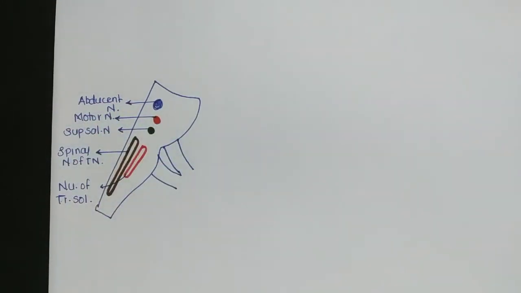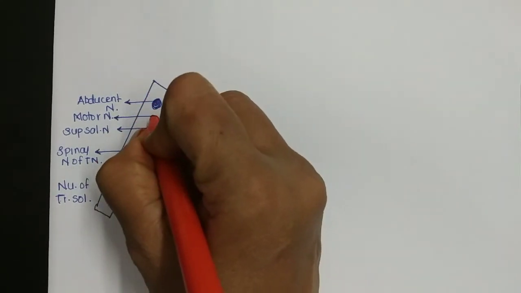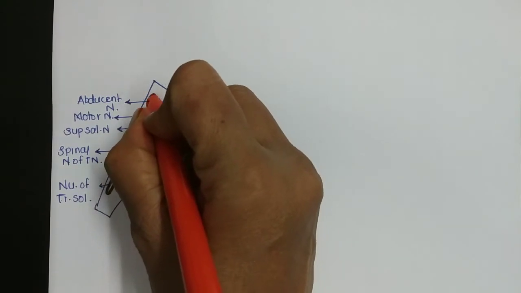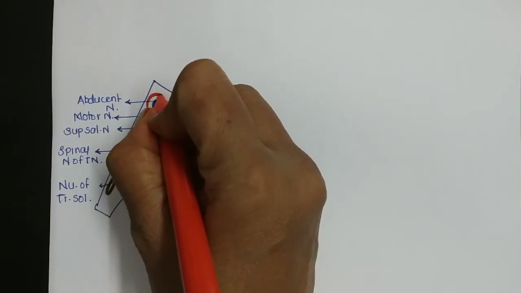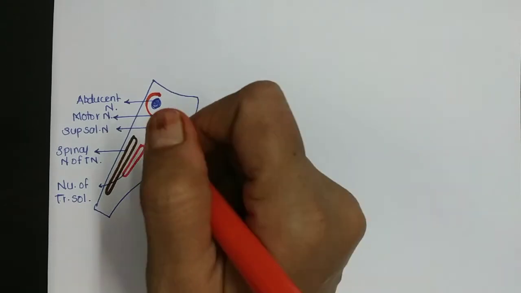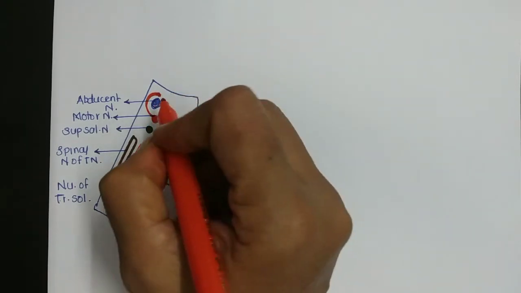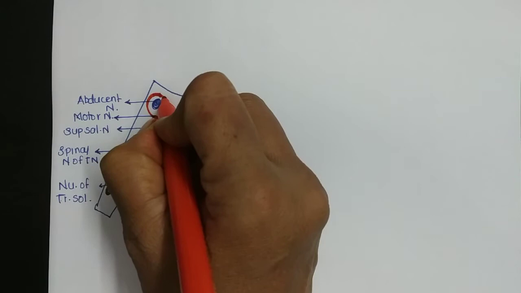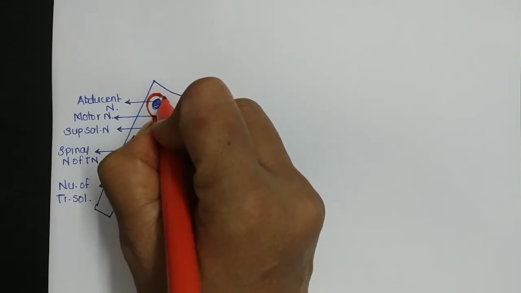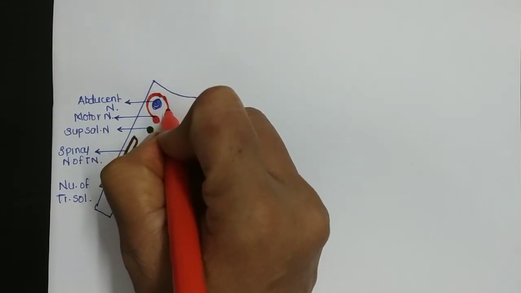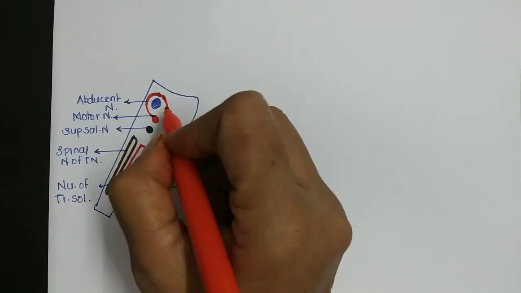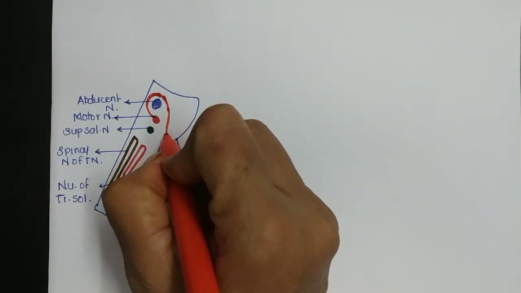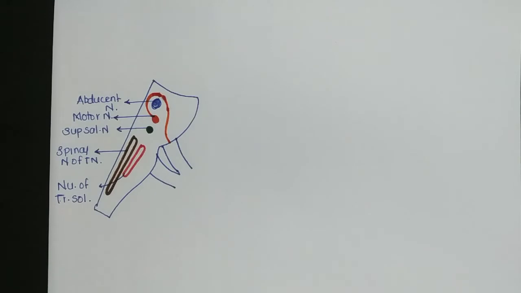The motor root of the facial nerve, in its intraneural course, passes dorsomedially, winds round the abducent nucleus, and then passes from the medial to the lateral side. Finally, it passes ventrolaterally and downward and emerges at the cerebellopontine angle.